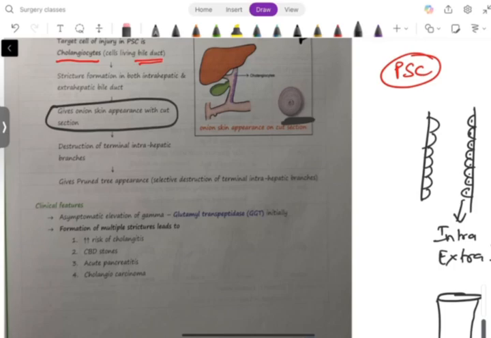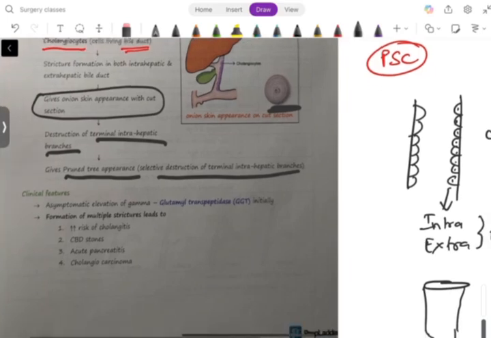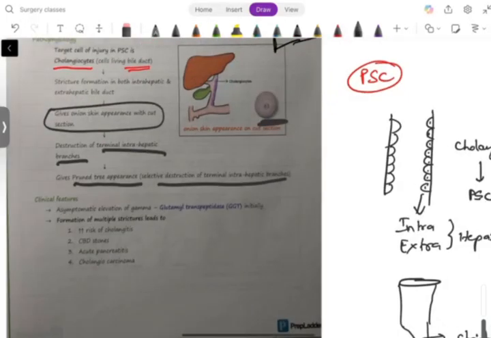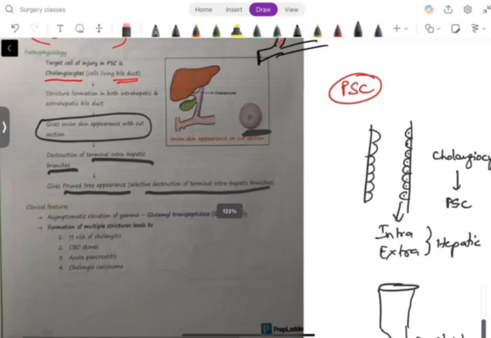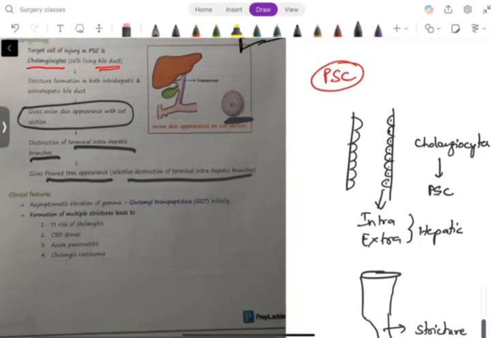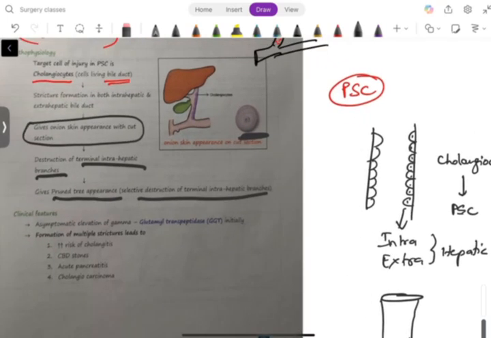Destruction of terminal intrahepatic branches will also happen, and this gives a pruned tree appearance because of selective destruction of terminal intrahepatic branches. These are basically for identification in pathology. So if there is a patient with multiple strictures and on cut section it gives an onion peel appearance, what is the diagnosis? They ask us such MCQs.